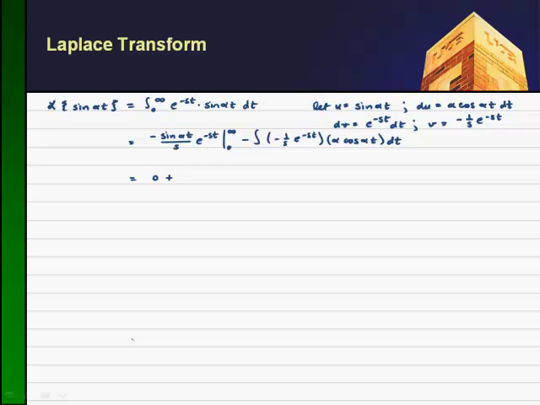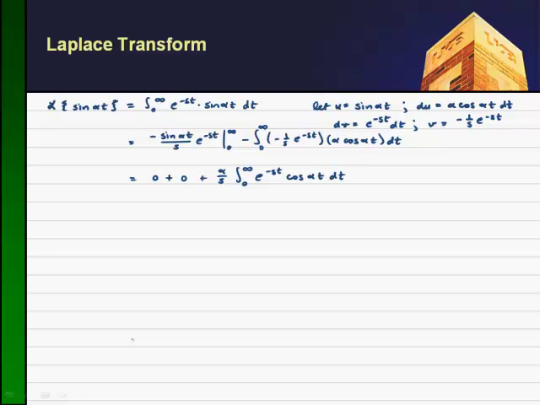The sine of 0, of course, is 0, and times 1 for e to the 0, so I'm just left with 0. So I have a minus and a minus, and that becomes a plus. I can pull out an alpha over s since they're constant. Putting my limits of integration, the integral from 0 to infinity, I have e to the minus st cosine alpha t dt.